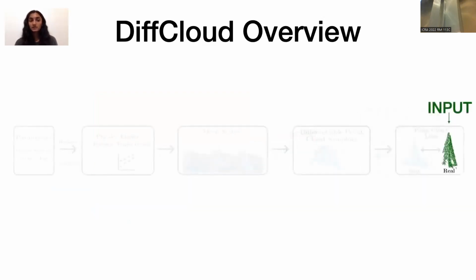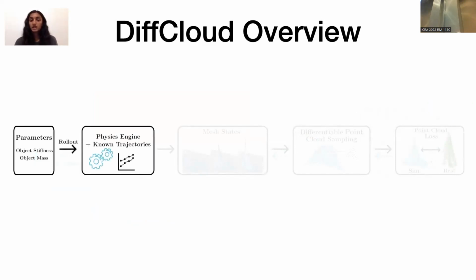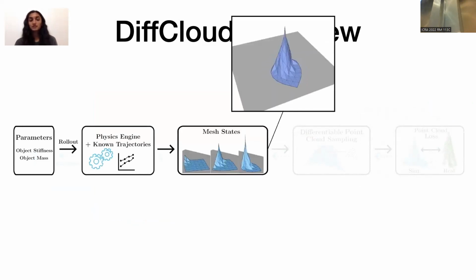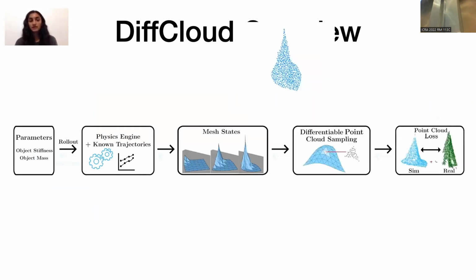The goal is to estimate unknown physical parameters of the object, such as stiffness and mass. We use a mesh-based deformable simulator. In simulation, we execute the same trajectory on the deformable object which was performed on the real robot, resulting in a deformed state. From this state, we differentiably sample a point cloud from the surface of the mesh.